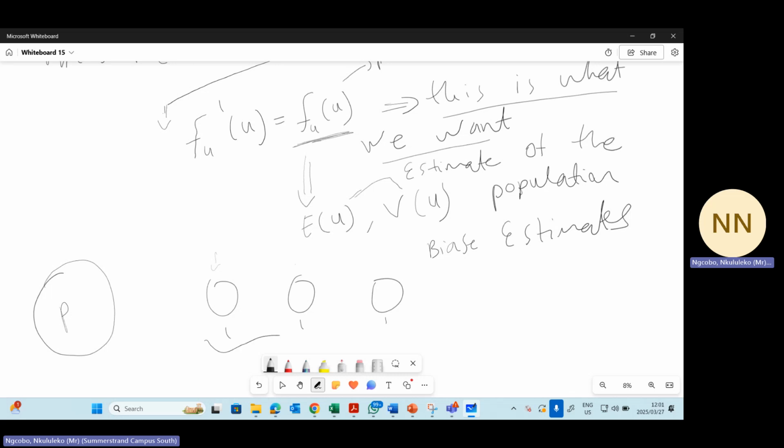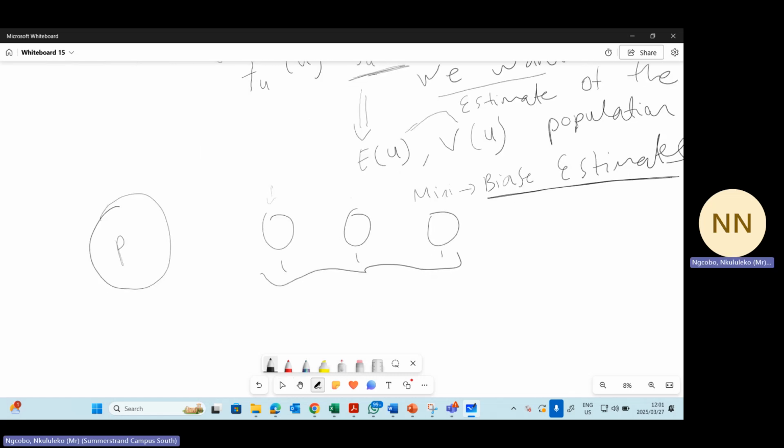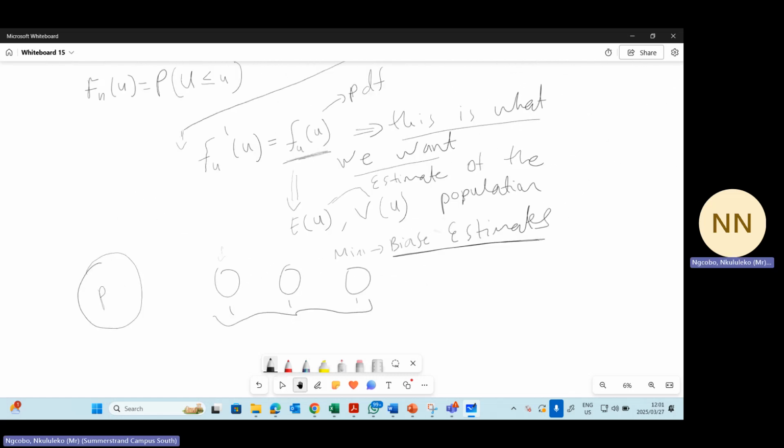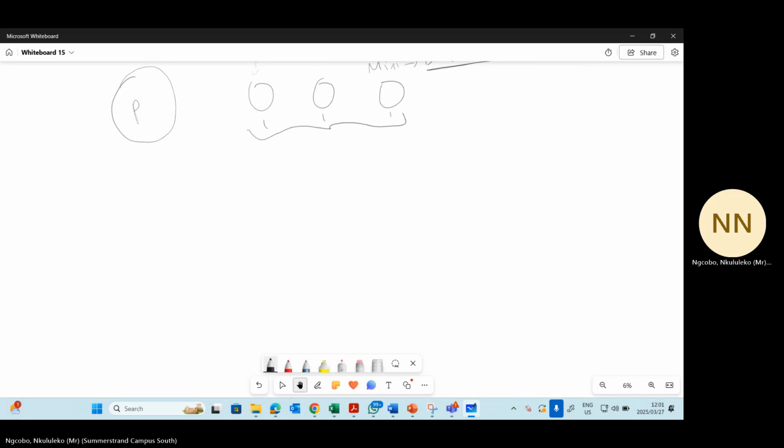But if we generalize all these samples and find the general format of representing all the subsets from the population, which will be your samples, it makes life easier to minimize the biasedness of these estimates. Okay? Right. So now let's look at an example.